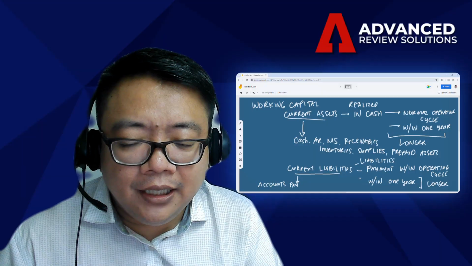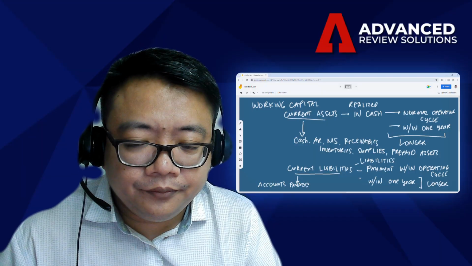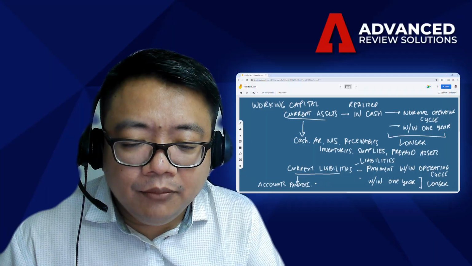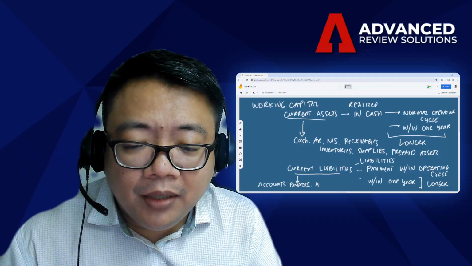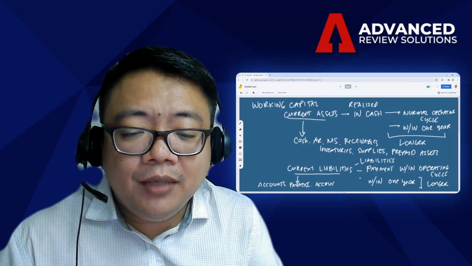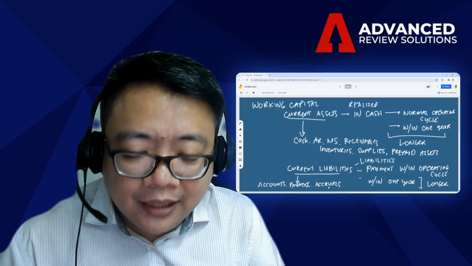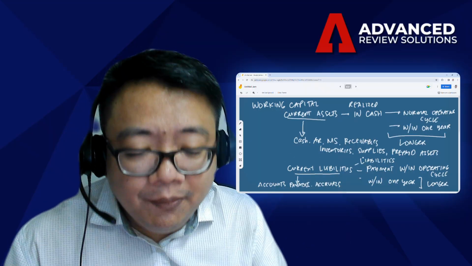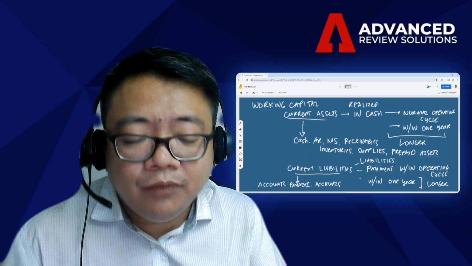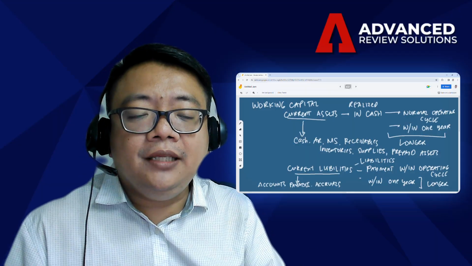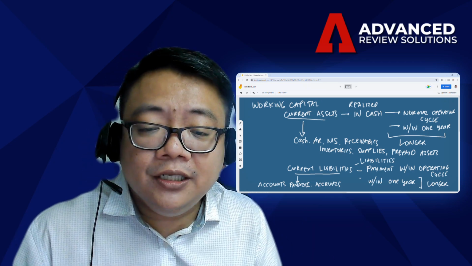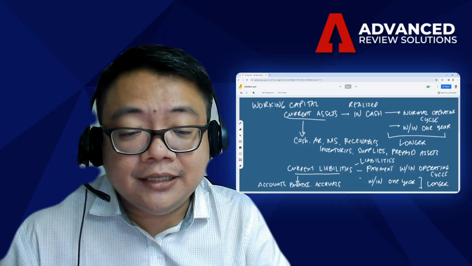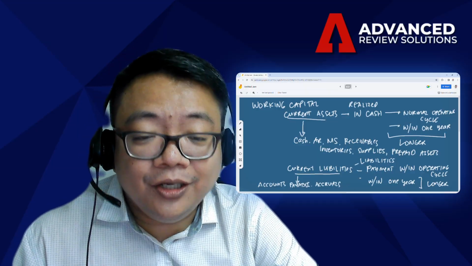Yung mga notes payable to be paid within 1 year, yung ating mga accruals. Yan yung mga sample ng current liability: liabilities whose payment is within the operating cycle or within 1 year, whichever is longer. Please take note.